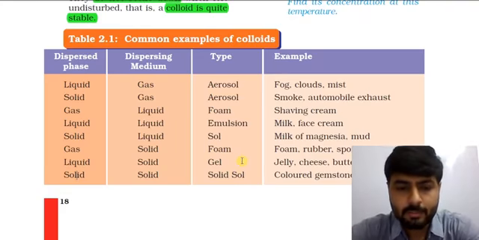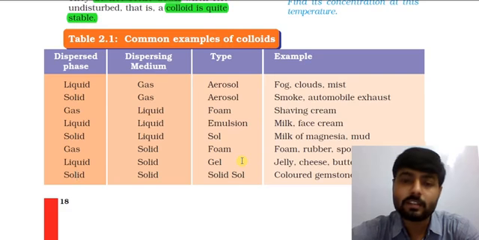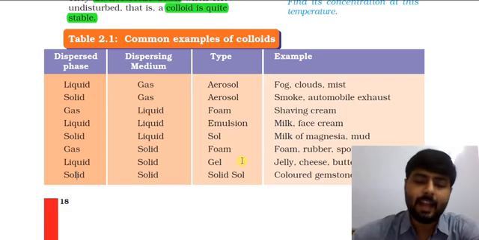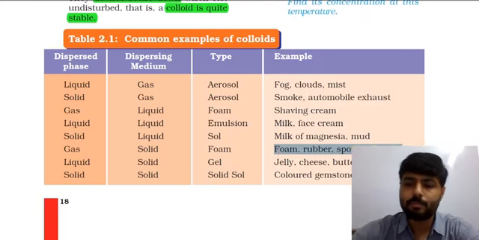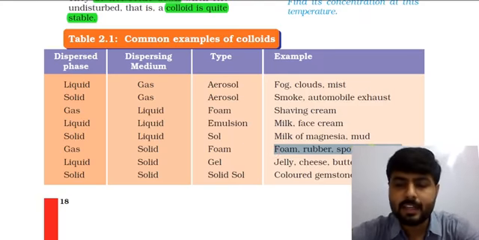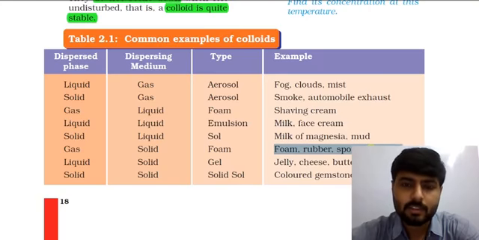So the first example is gas in solid. Gas in solid we call as foam, and the examples are foam rubber, sponge, pumice, which are examples of colloids of foam type, that is gas in solid.